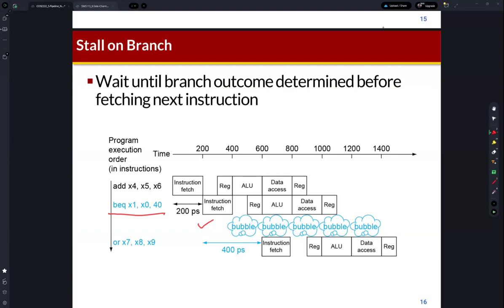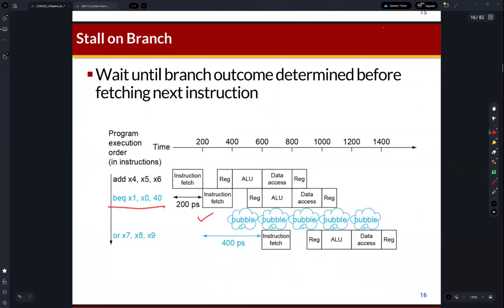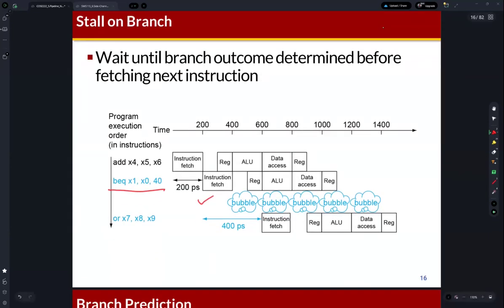So by this optimization in the ID stage, instead of the ALU, we can get the result of a branch instruction at this point. Then this result needs to be updated to the next instruction. But actually, the next instruction needs to fetch from the instruction memory at this point.